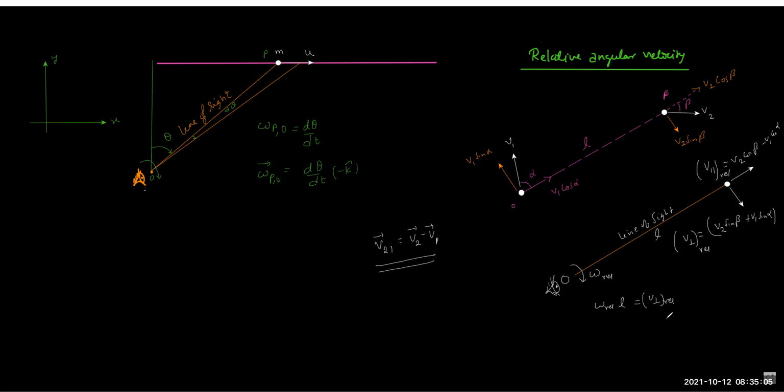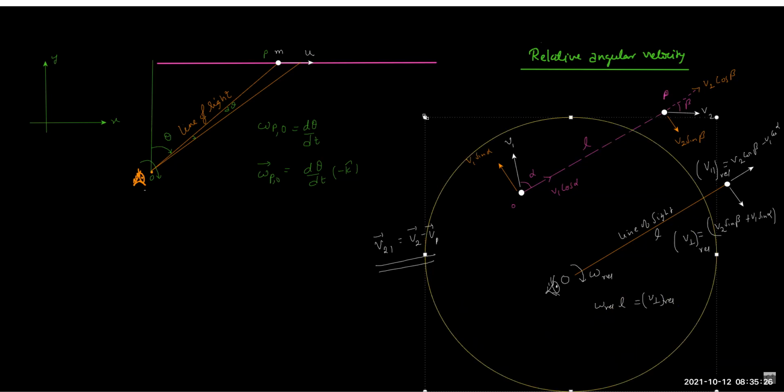Because L will act as the radius at that instant, and this particle will perform a circular motion.